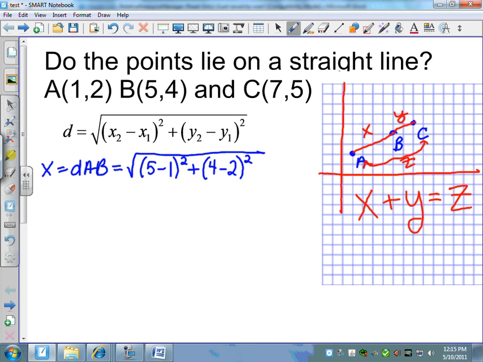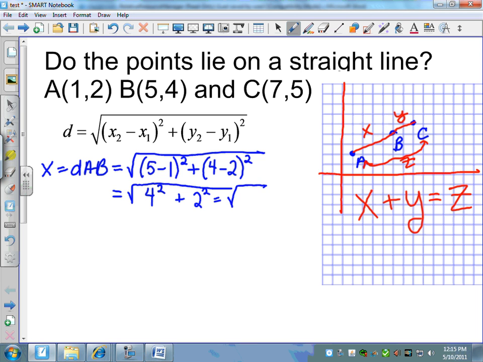Remember the order of operations here. You're going to do the parentheses first, and then the powers, and we're going to add, and then at the end we'll take the square root. So the quantity 5 minus 1 is 4 squared, plus 4 minus 2 is 2 squared.